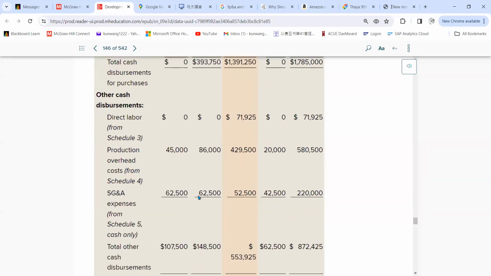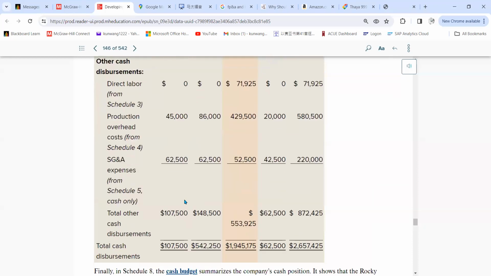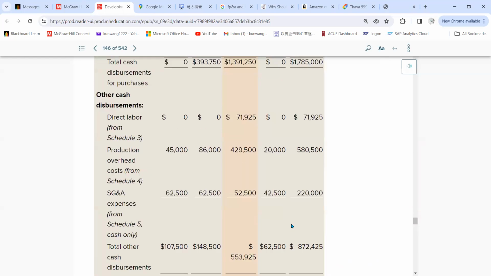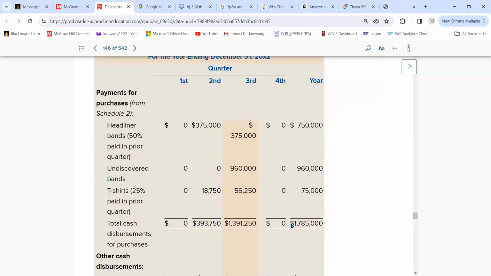But SG&A is deducting the non-cash depreciation, so be careful when you transfer from Schedule 5. You need to put the cash expense, not the original SG&A. And you get the total cash payments, approximately $2.7 million.